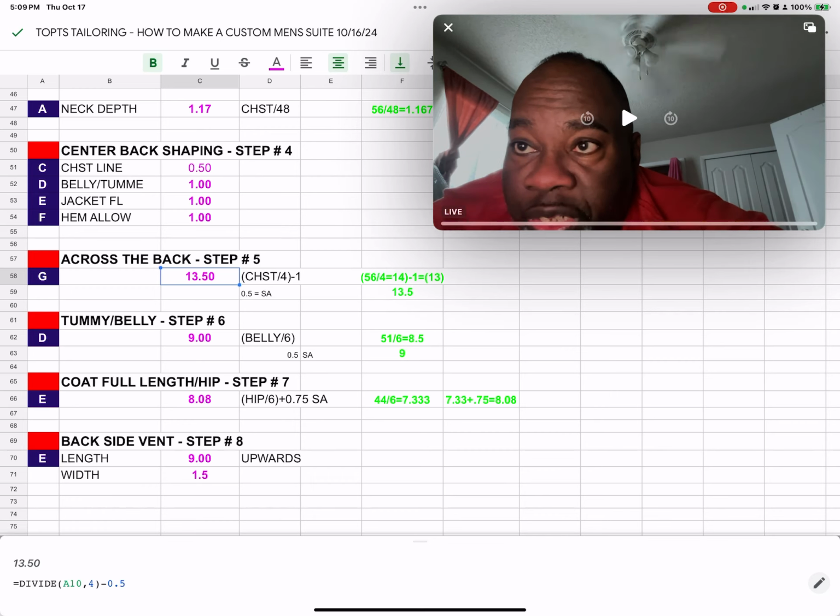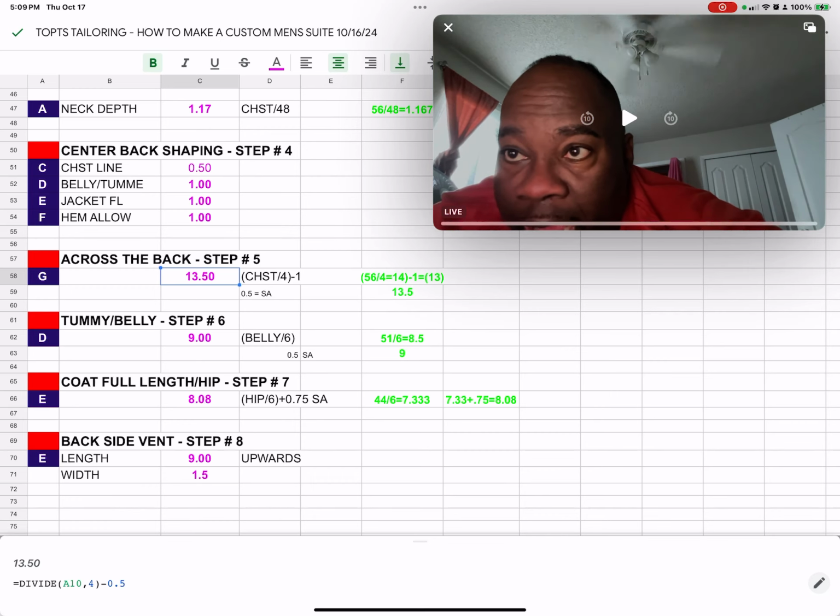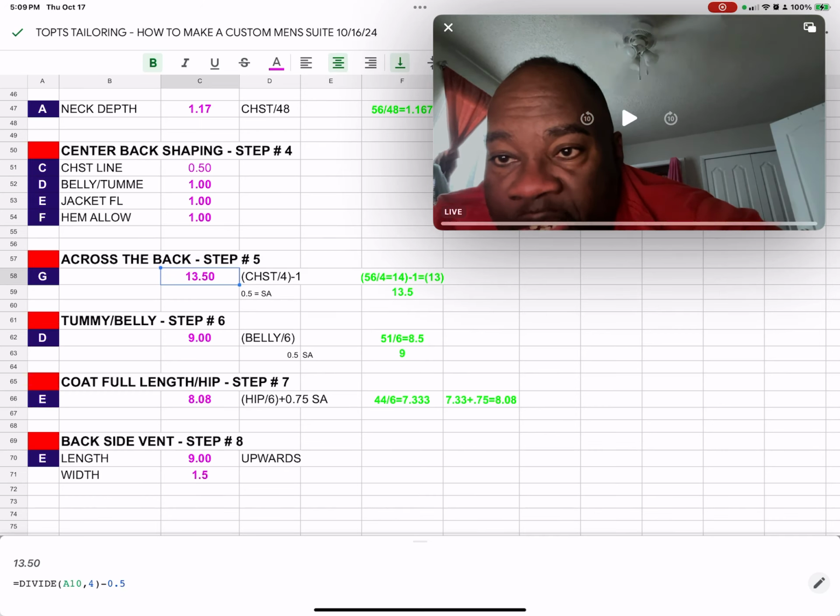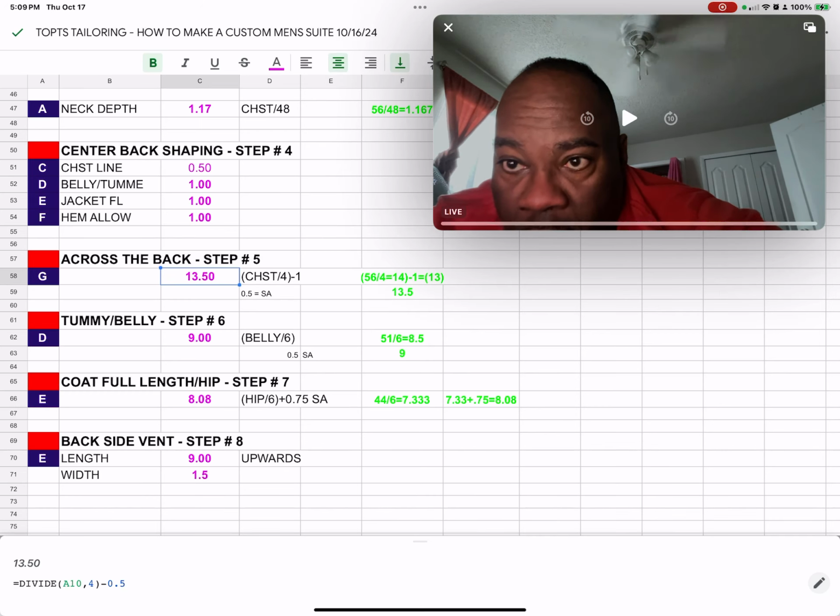Minus 1 gives me 13. Then I add another half inch for seam allowance, which is 13.5. Then you've got the belly, the coat full length, and the side vent. The side vent is longer because my jacket is longer, so I added 2 inches to that as well.